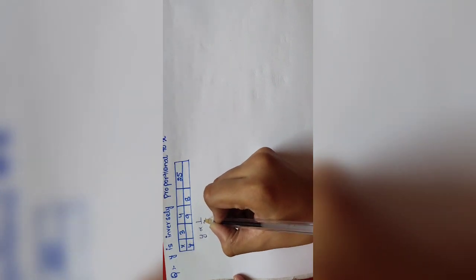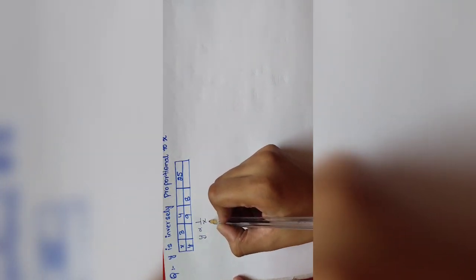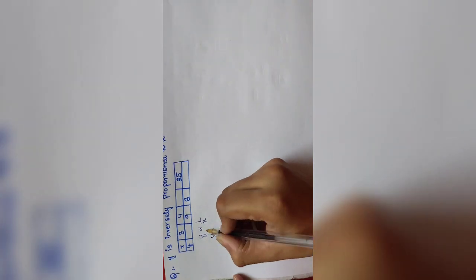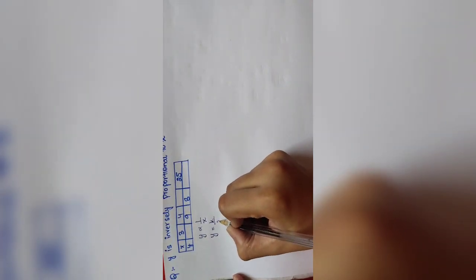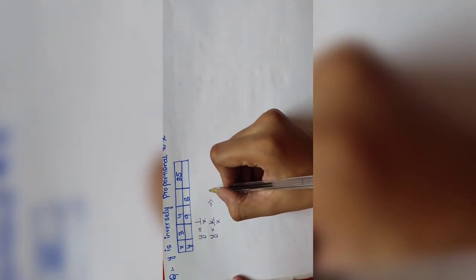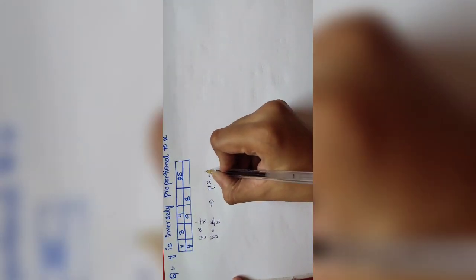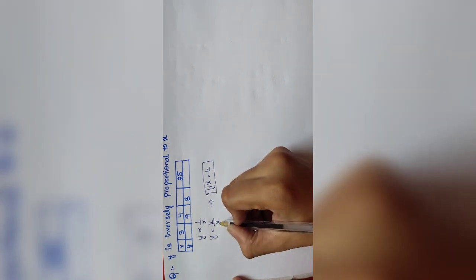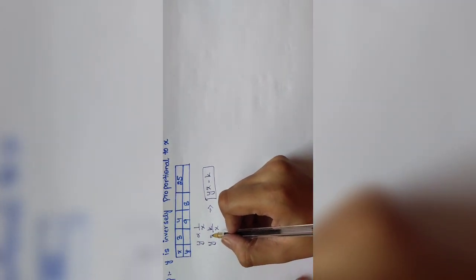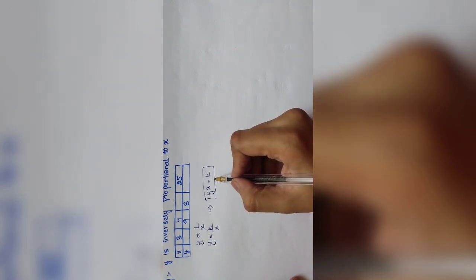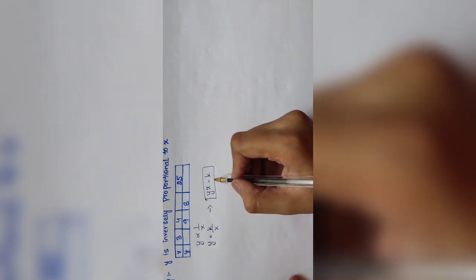Y is proportional to 1 over x, and after removing the proportionality symbol, equality and proportionality constant over x, the equation becomes y into x is equal to k, because it is dividing, and when it goes on the other side it will be multiplying by y. Okay, this is your equation which you have to use for all the questions.